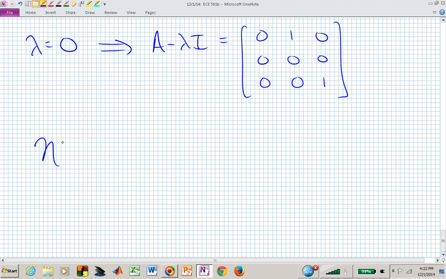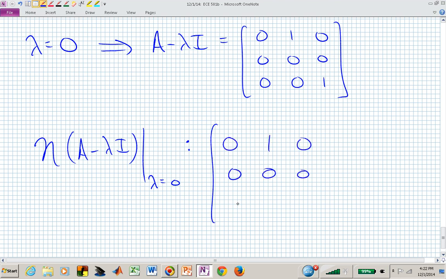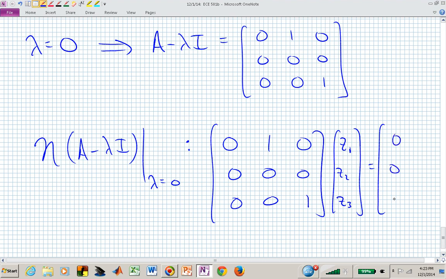The null space of A minus lambda I with lambda equal to 0 says that I need 0, 1, 0, 0, 0, 0, 0, 0, 1 times this vector Z to map to the 0 vector.